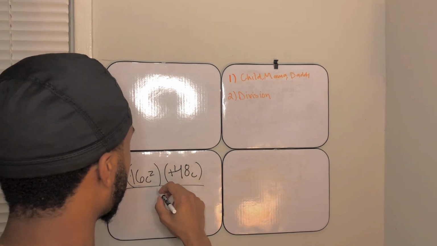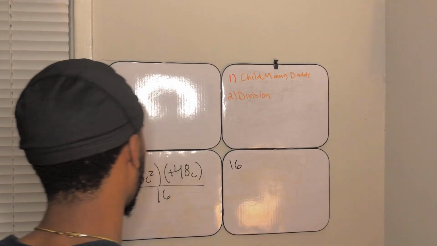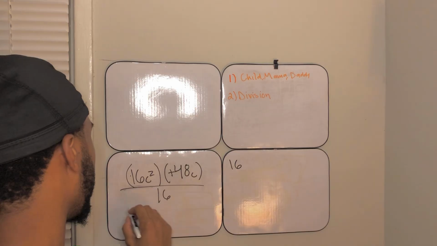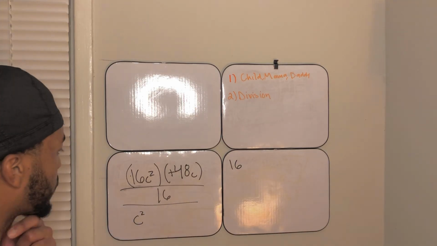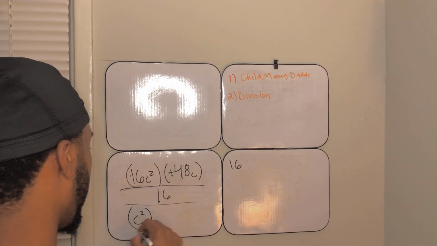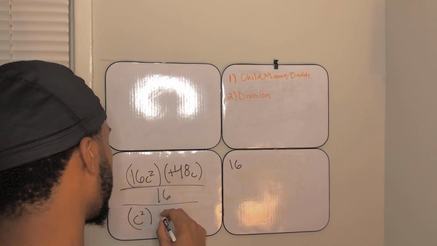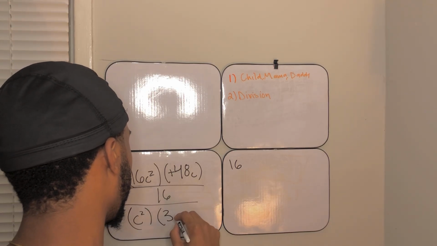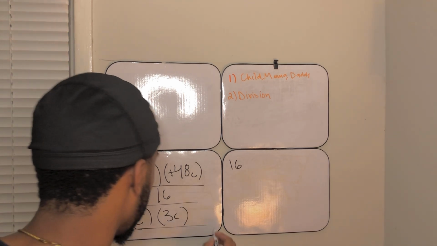I can take a 16 out of both of these. That's easy, so we'll sit that 16 over here. When I take out this 16, what we're left with is c squared over here. And when I take out the 16 from this, that should go in there 3 times. Y'all let me know in the comments if that's right. That leaves 3c.